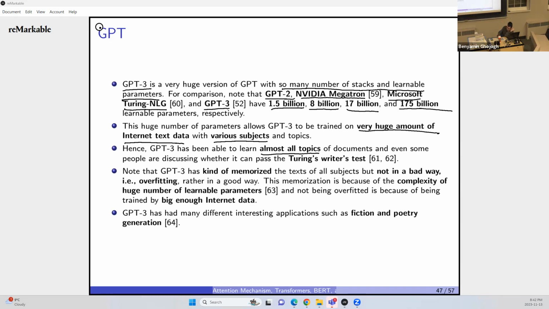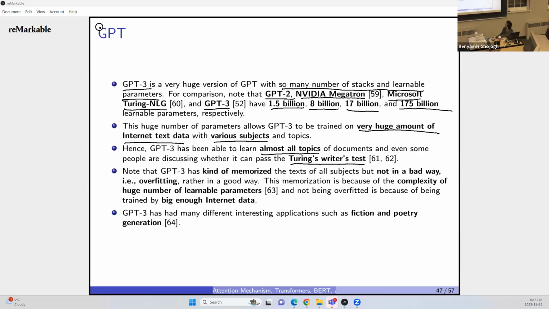Also, some people are saying that it is passing Turing's test. What is Turing's test? Have you heard of this? Alan Turing said let's have a test to see whether AI can beat humans or not. For example, randomly we select either a human or a computer to generate something, and then we give it to some human subject to judge whether it was made by a human or a machine.